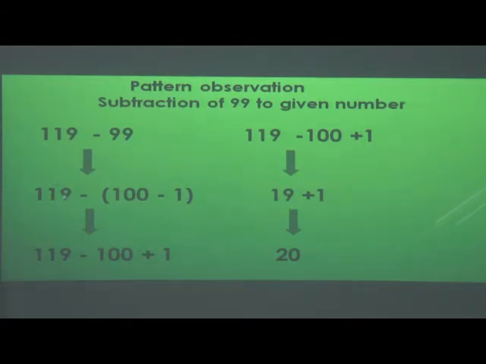So 119 minus, in brackets, 100 minus 1. 119 as it is, minus 100 as it is, and in the bracket, minus into minus becomes plus, so we give the symbol here plus 1. Now 119 minus 100 we will do first. The answer comes 19 plus 1. So 19 plus 1 is 20.